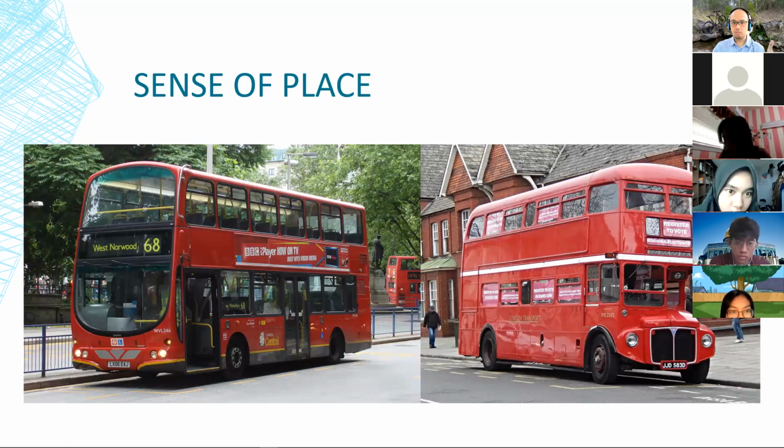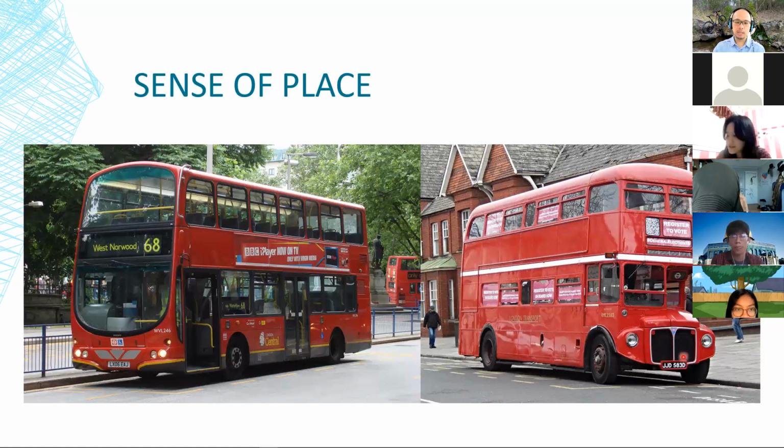Some unique cultural or symbolic objects can be identified with a particular region, like the London bus. The London red buses have been so iconic that it is something you would expect to find if you go visit London. A long, long time ago, the British Leyland Company made the buses look like this.